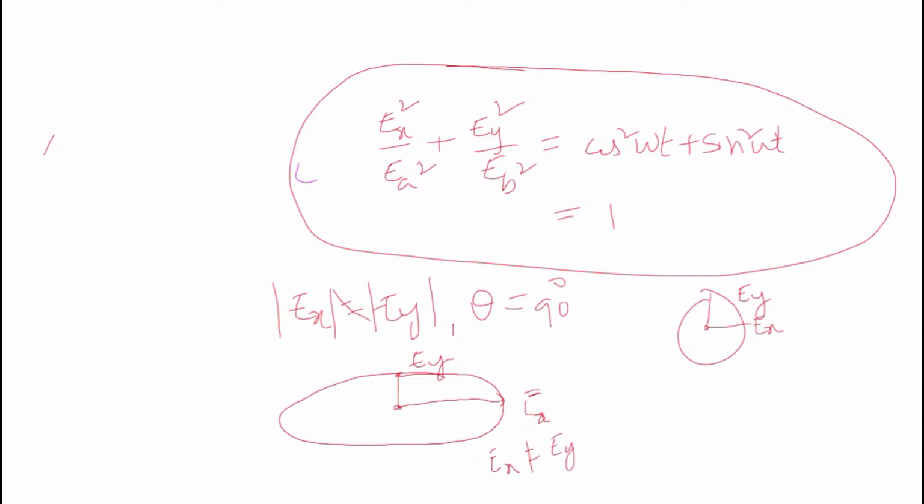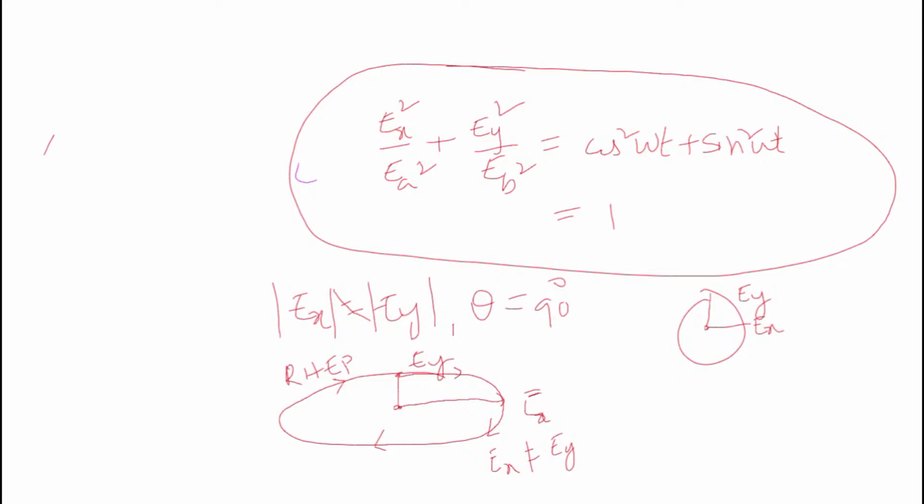As in the case of circular polarization, where we have right hand and left hand circular polarization, here also we have right hand elliptical polarization, RH EP. Right hand means Ex is leading, then Ey starts its journey.